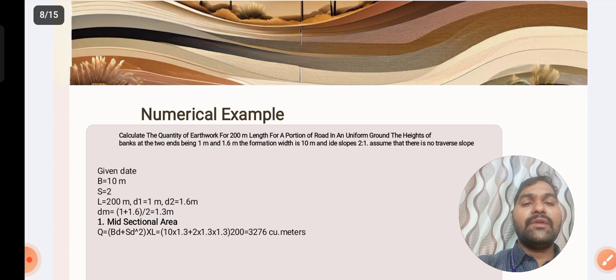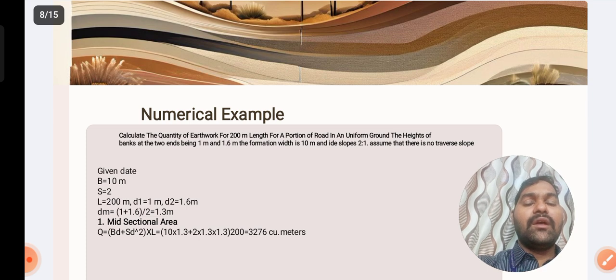That means d1 is equal to 1 meter and d2 is equal to 1.6 meter, and the formation width is 10 meters, that means B is equal to 10 meters, and the side slope is 2 to 1. Then S is equal to 2. In this problem it is also mentioned that we assume there is no transverse slope.